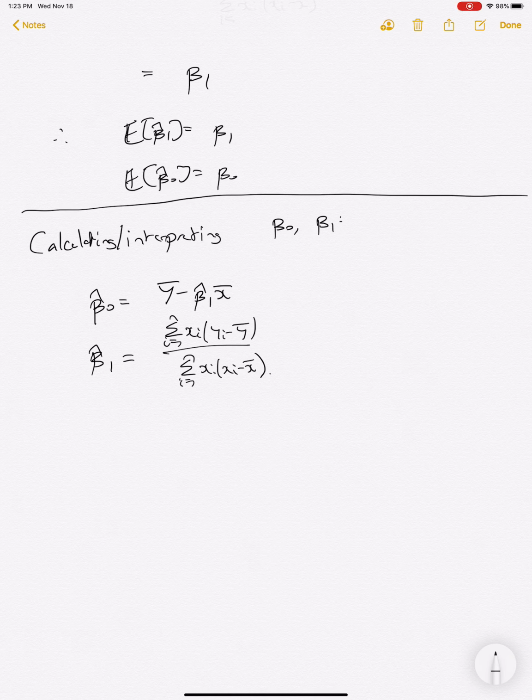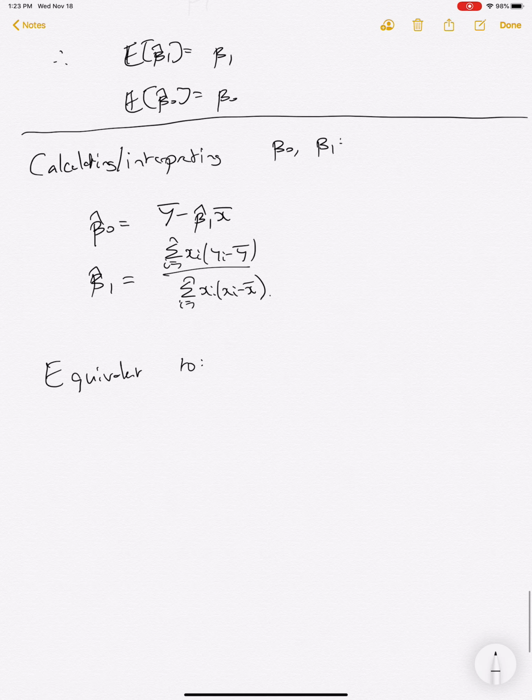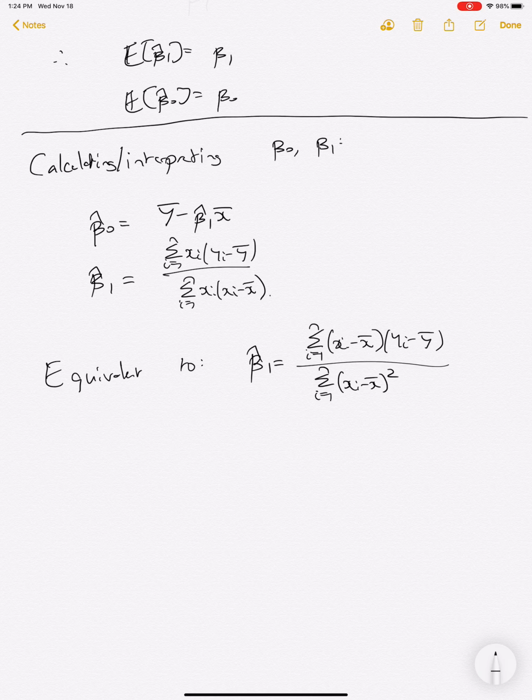Another thing that's worth noting is that there is another way to write this out. It's equivalent to the following. So this might look a little bit weird as to why that's true.